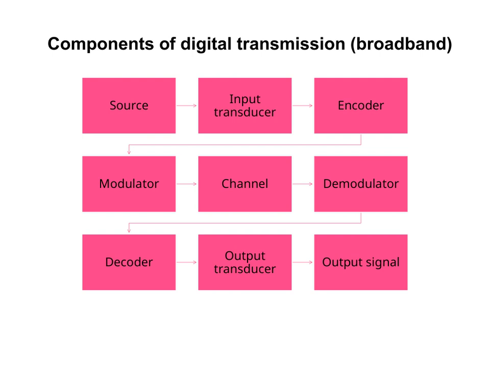Then there are the multiplexing methods, such as frequency division multiplexing, or FDM, which enable multiple signals to share the same transmission medium without interference. This is crucial in broadband systems to maximize the use of available bandwidth.